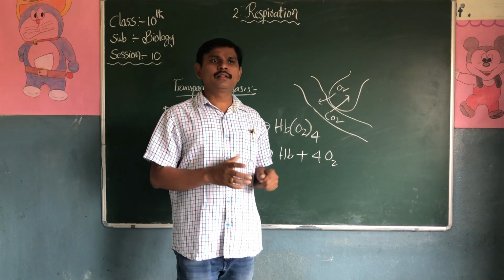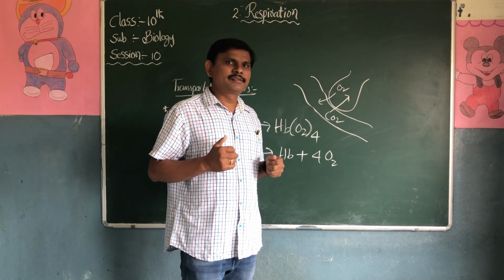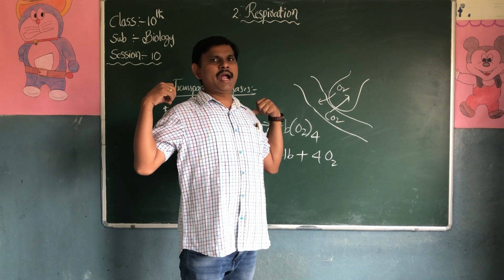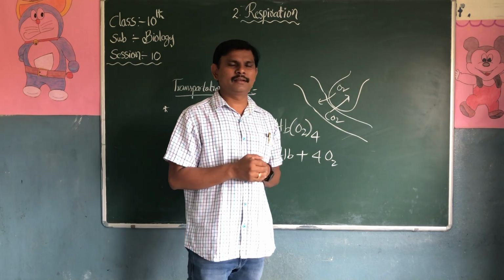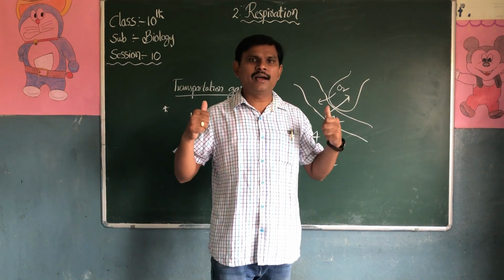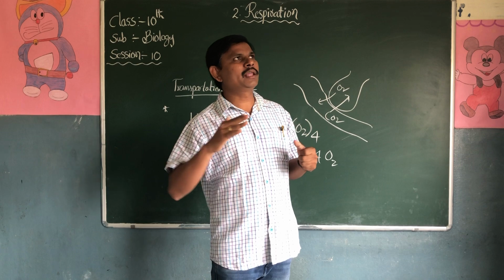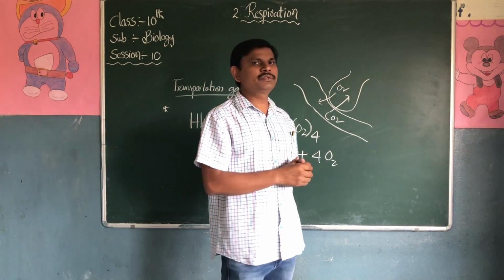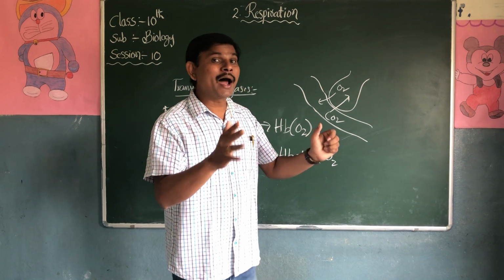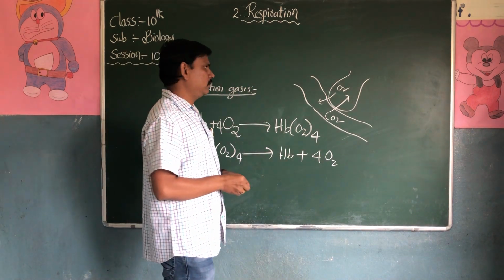Have you observed that they carry some material behind their backs? What is that? An oxygen cylinder. They carry an oxygen cylinder while climbing mountains and going deep into the seas. Why? What is the reason?